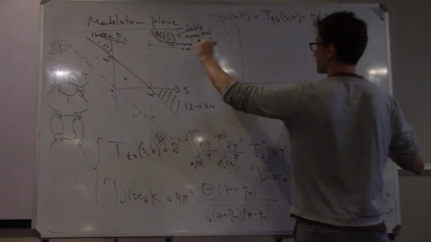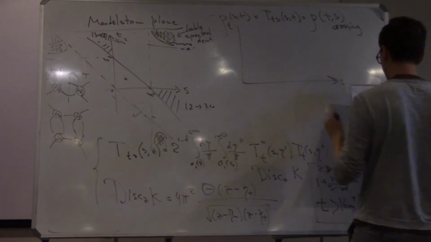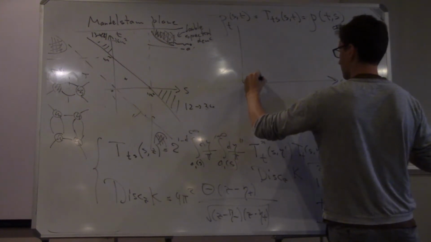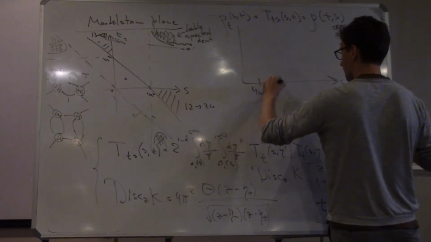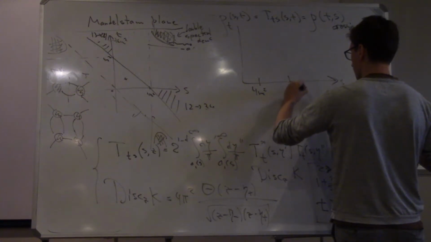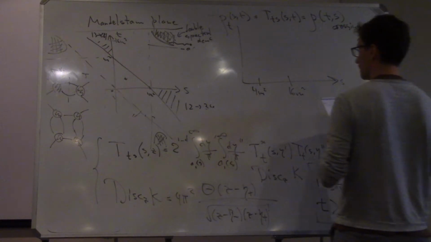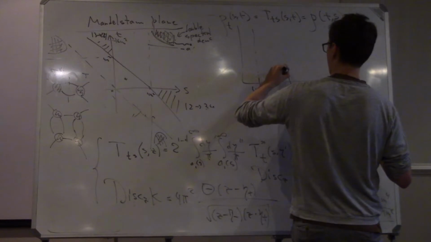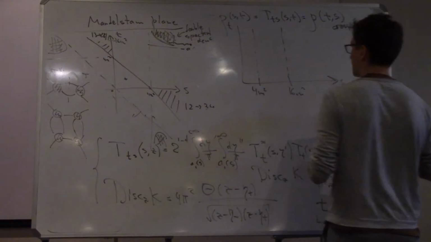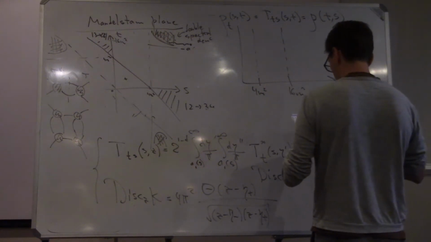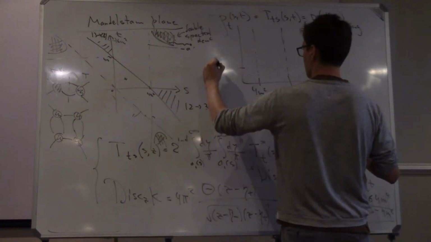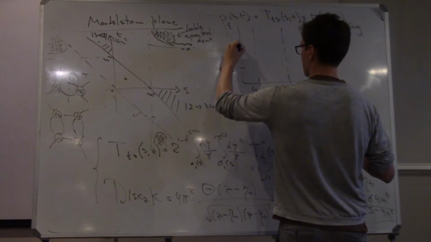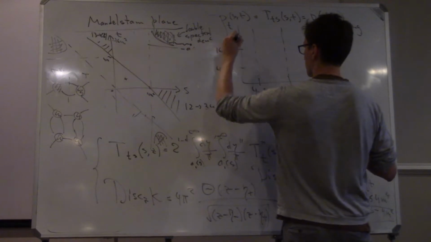So again, it's T and S. So we have here 4m squared, 16m squared. And here also we have t in 4m squared, 16m squared.